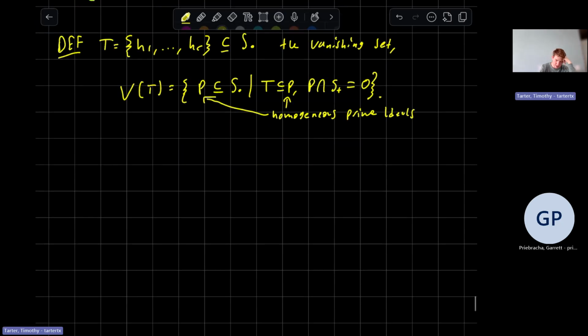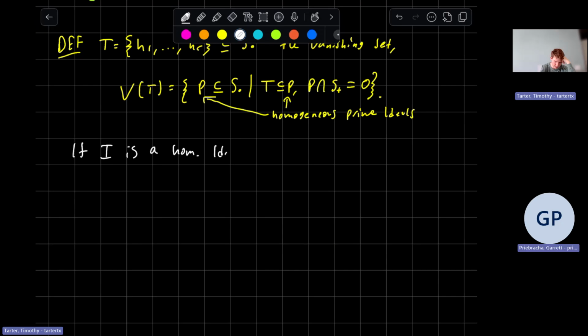So then it follows naturally that if I is a homogeneous ideal, V of I is well defined.